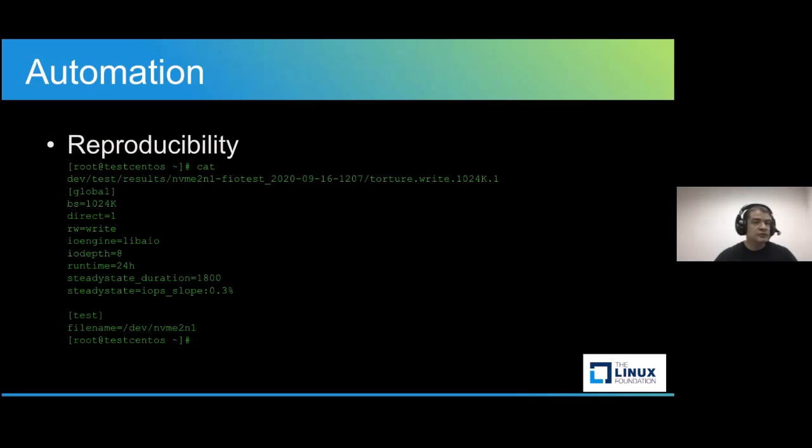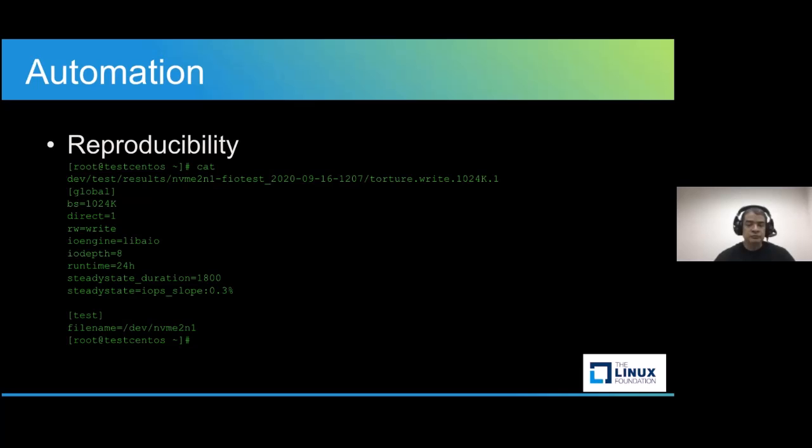Now, here's an example of how that torture test script creates the config file to run with FIO. In this case, it's set up to run FIO with libaio.